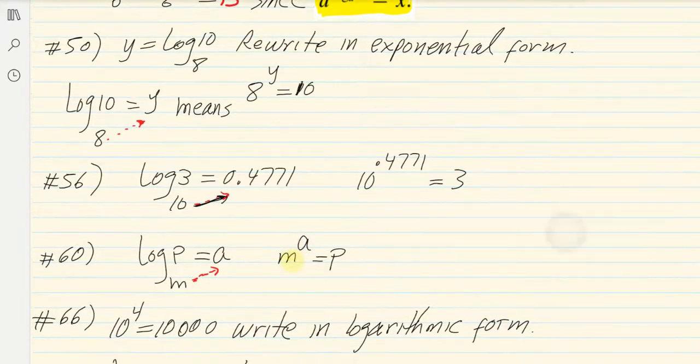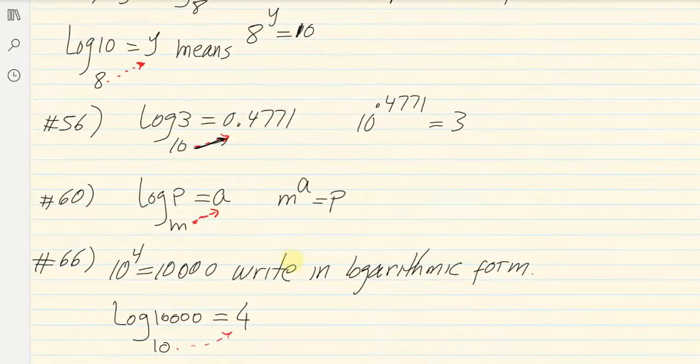Now in number 66, we're actually going to do the opposite. We are given now the exponential form, and we want to write the logarithmic form. So 10 to the 4th equal 10,000. Write it in log. We're going to put it back in this form. Remember, the answer to the log is the exponent. The answer is 4. The answer to the log is the exponent to which you raise the base.